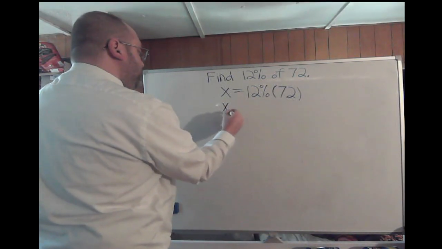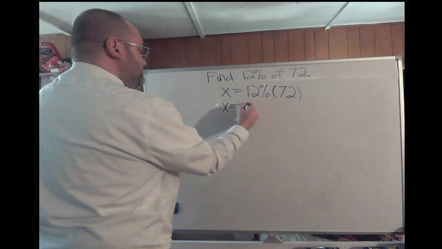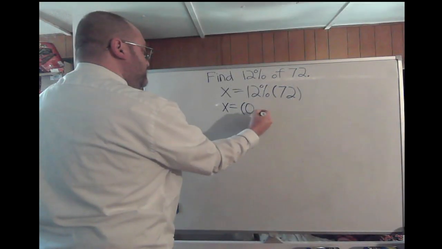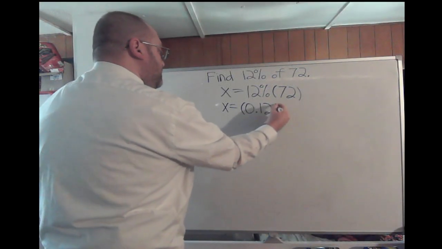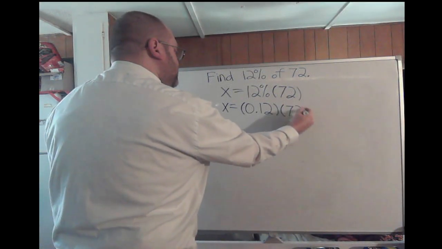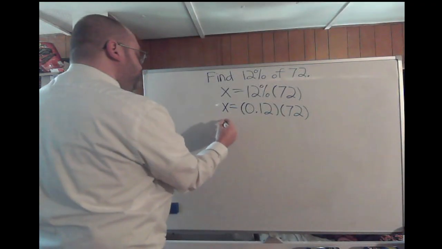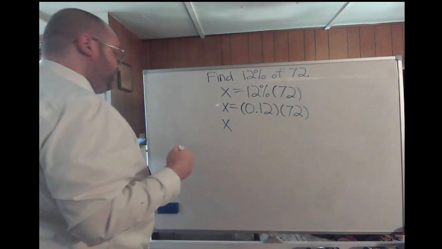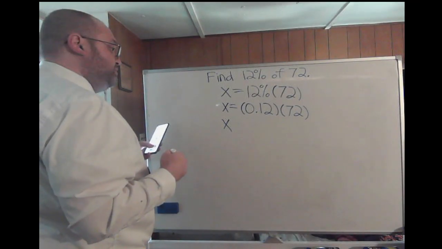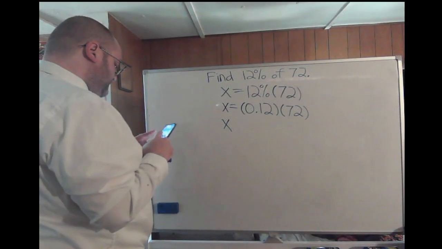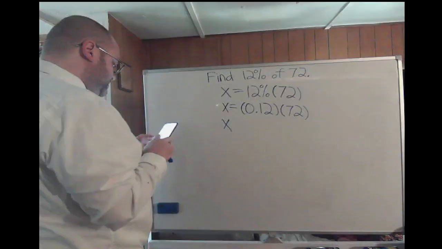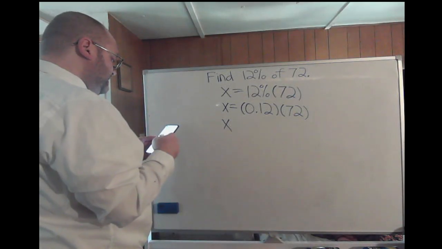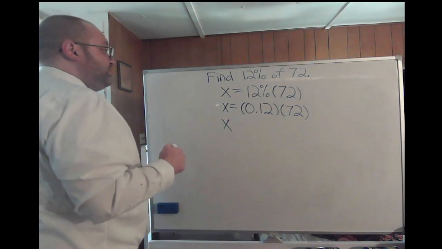So then we can break this down: 12% as a decimal is 0.12. We'll take that times 72, and then we should get a value for x. If we just do that on the calculator, 0.12 times 72 is 8.64.